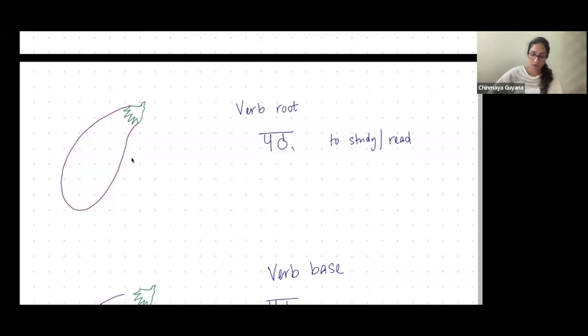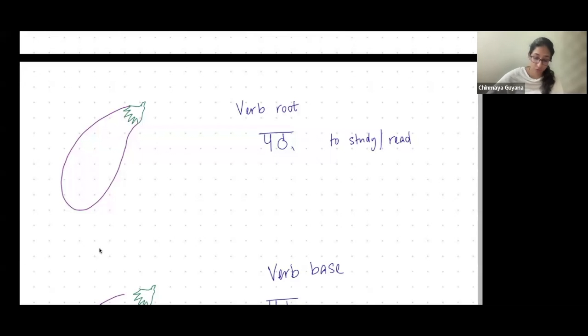Now let us go to our verbs. So now we're going to practice. Remember, verbs have verb roots.